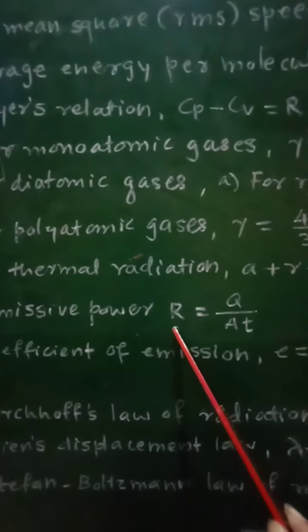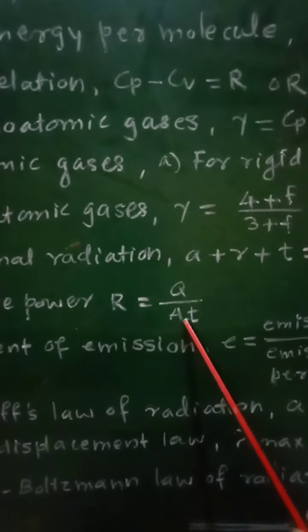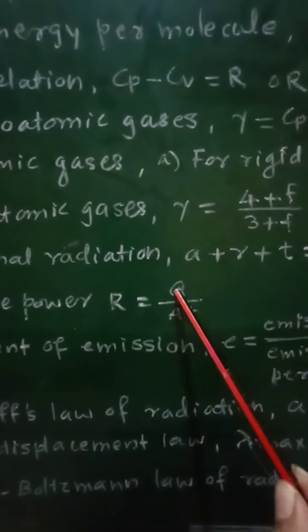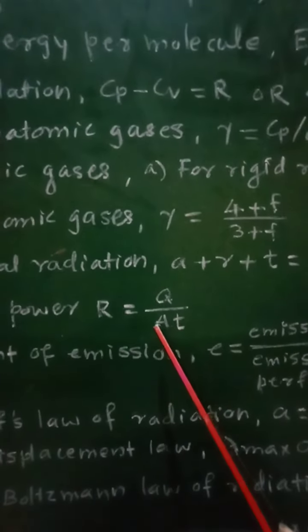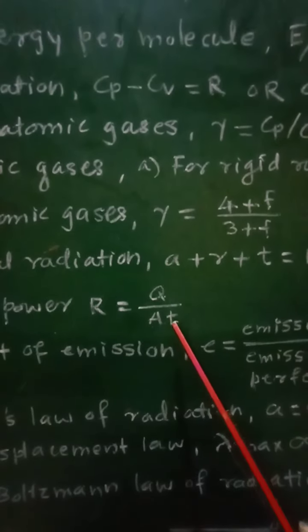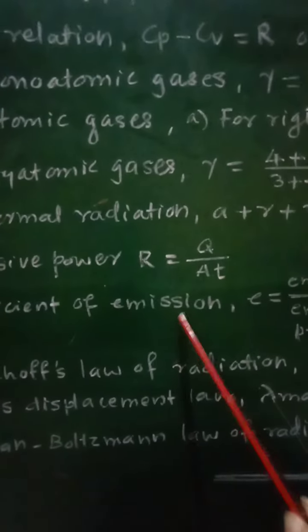Then 16th formula is for emissive power. Emissive power of any body, R is equal to Q upon A T, where Q represents energy, A is area of that body, and T is the time. Then 17th formula gives coefficient of emission of a body.